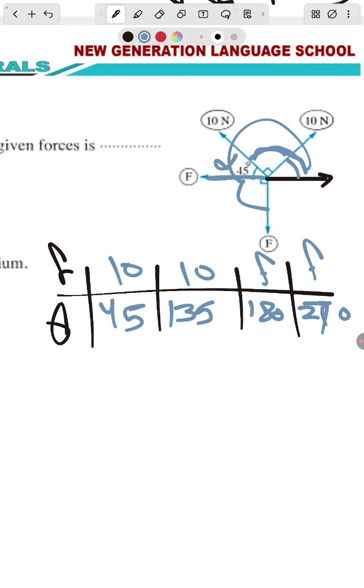Sorry, the angle between F and the horizontal line is 270 degrees.